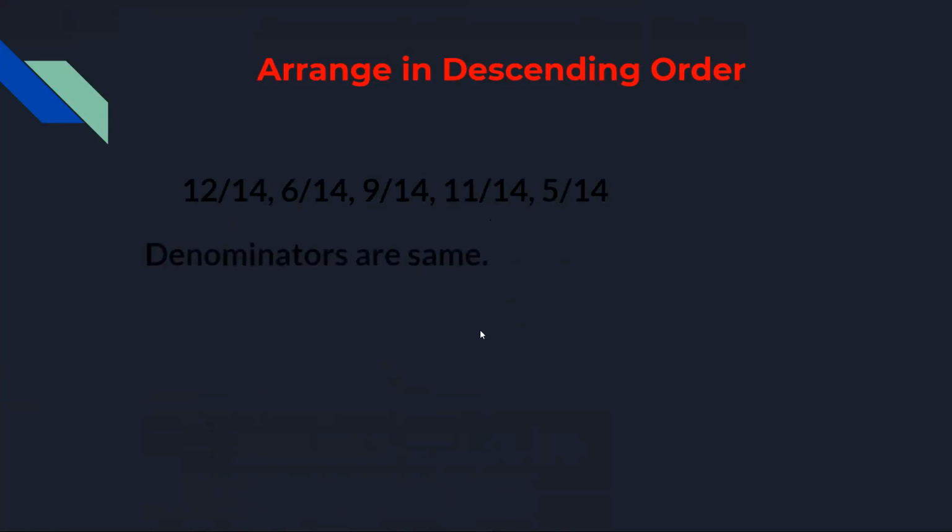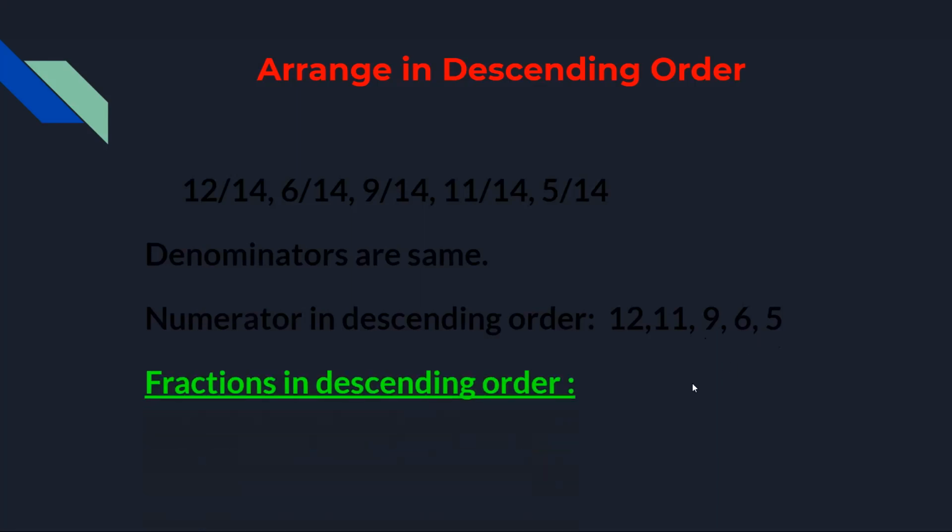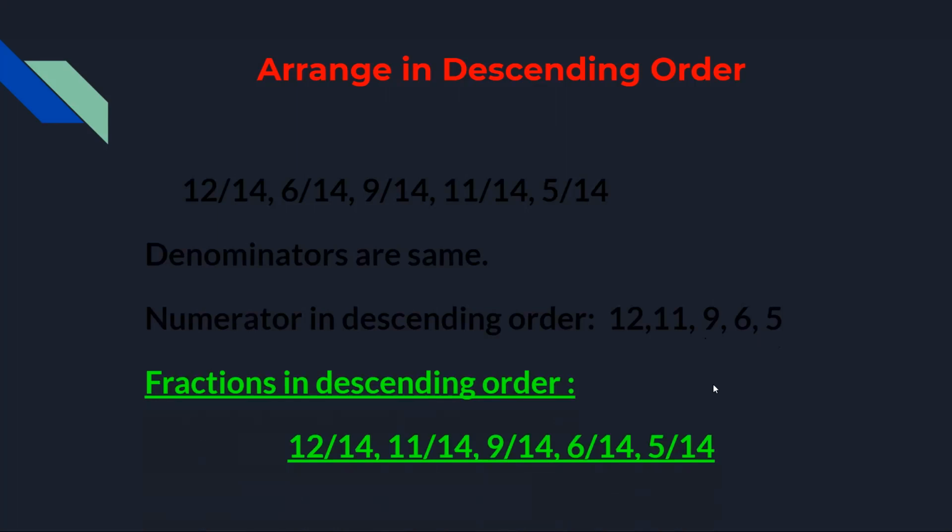So in this case, when the denominators are the same, the numerators in descending order are 12, 11, 9, 6, and 5. So how will we write the fractions? 12 upon 14, 11 upon 14, 9 upon 14, 6 upon 14, and 5 upon 14. This is the descending order of like fractions if the fractions have the same denominator.